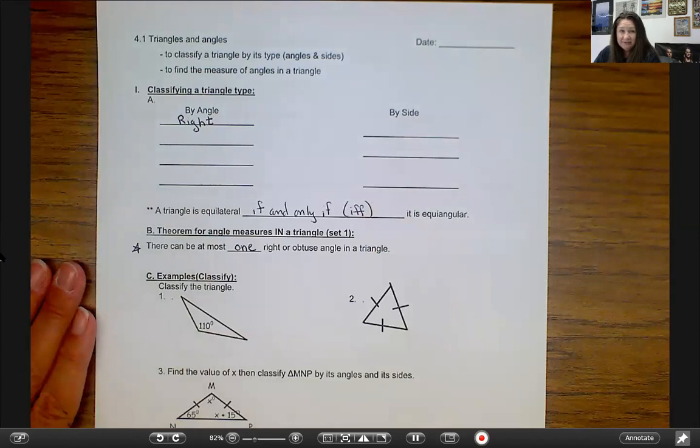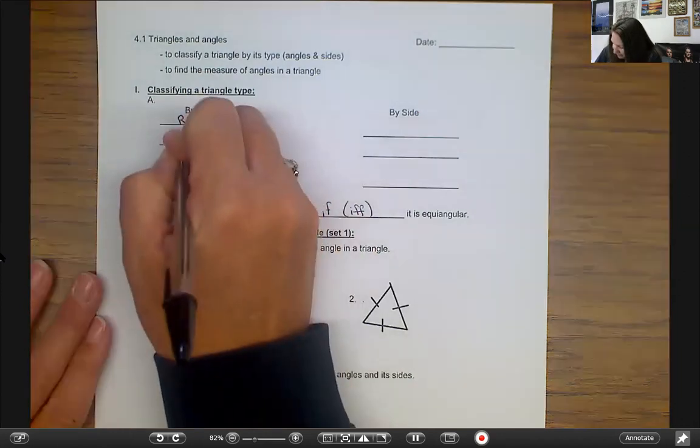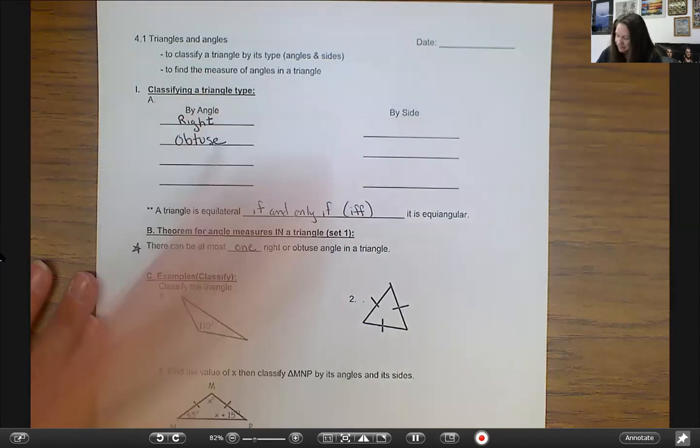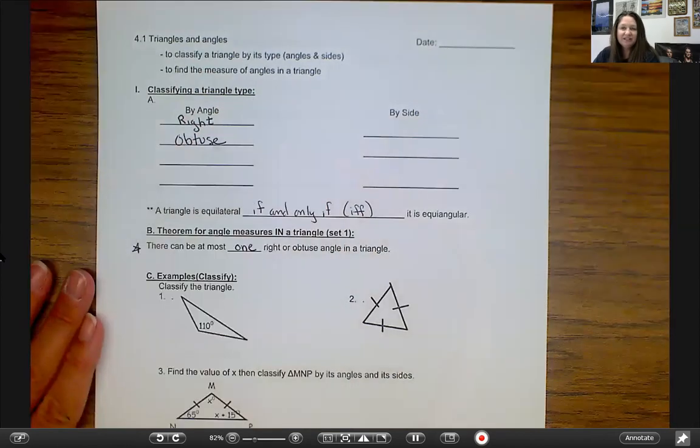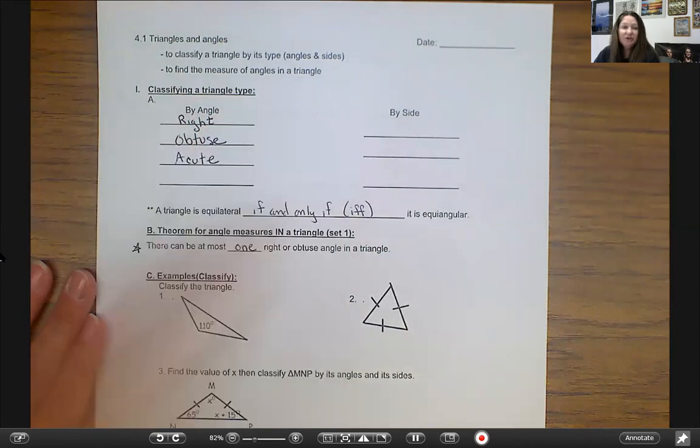If it contains an obtuse angle, then we're going to call that an obtuse triangle. So we could say that that triangle is obtuse if it contains an obtuse angle. Now, if it does not contain a right angle or an obtuse angle, it has to have 3 acute angles, and then that would make an acute triangle.